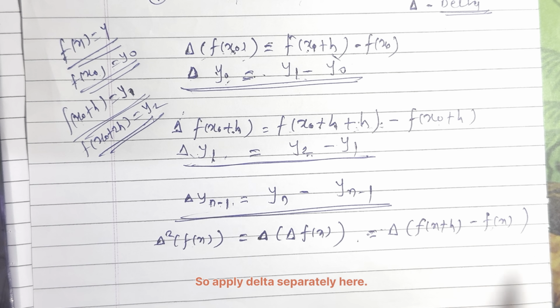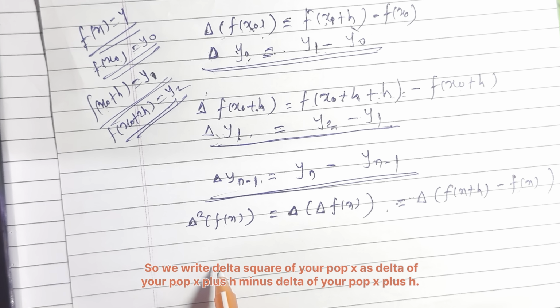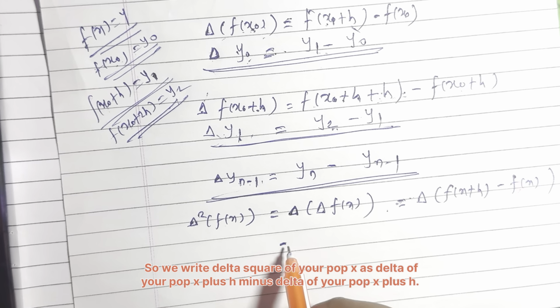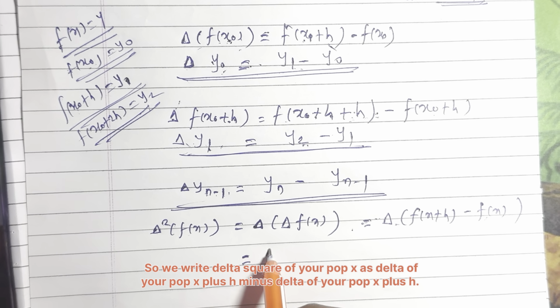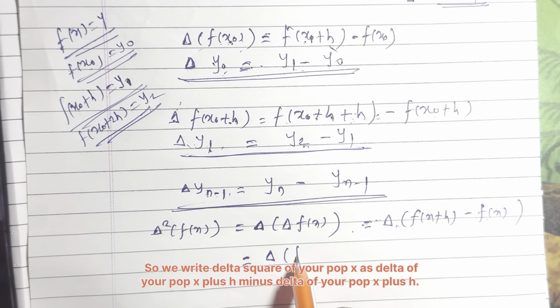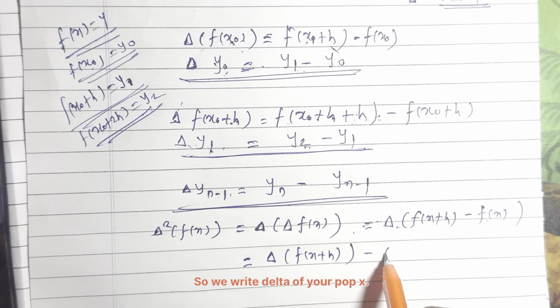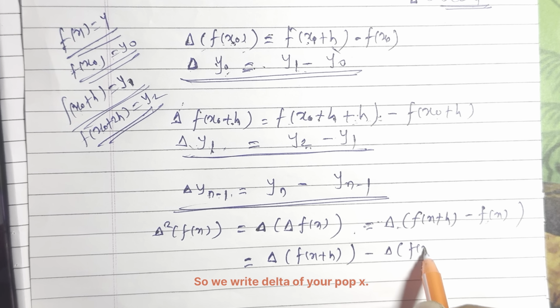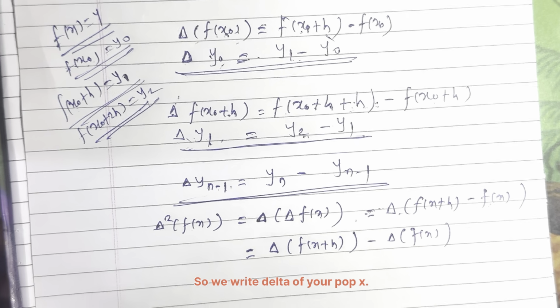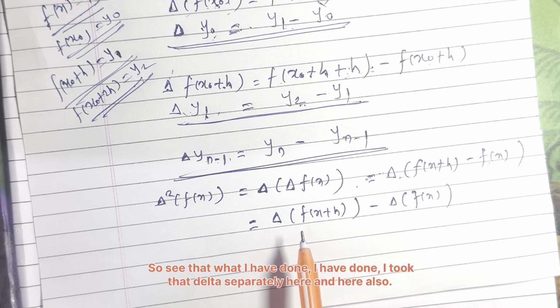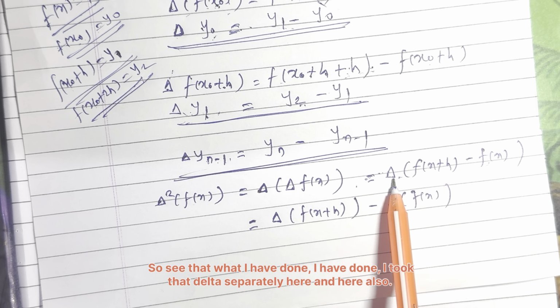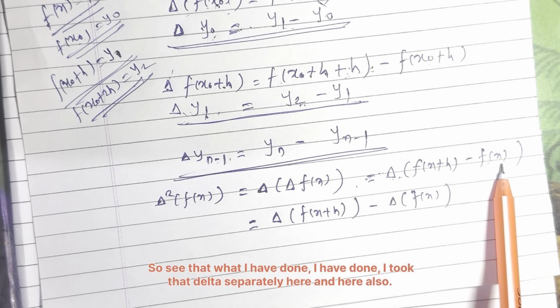So we write delta of f of x plus h minus f of x. Apply delta separately here. So we write delta square of f of x as delta of f of x plus h minus delta of f of x. See what I have done, I took that delta separately here and here also.